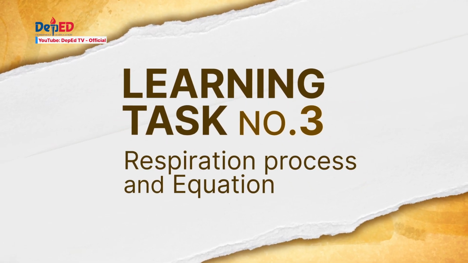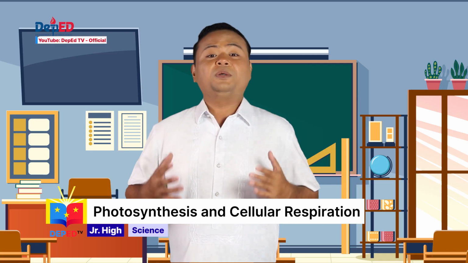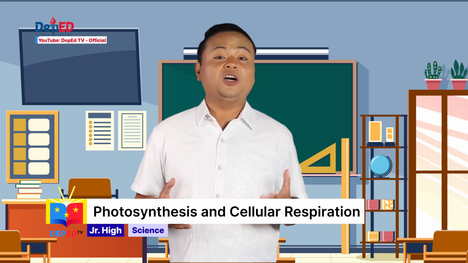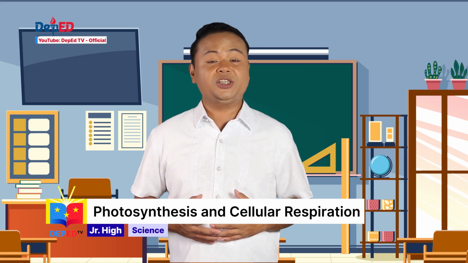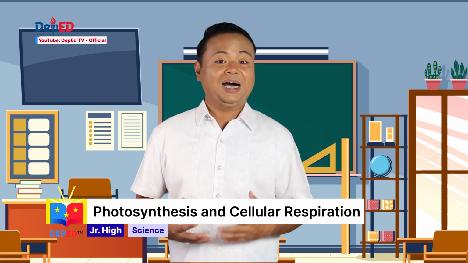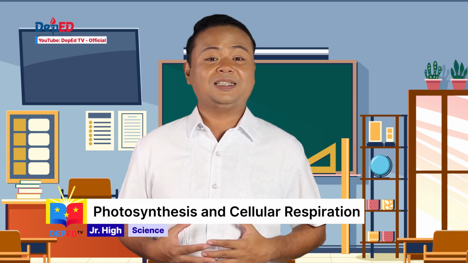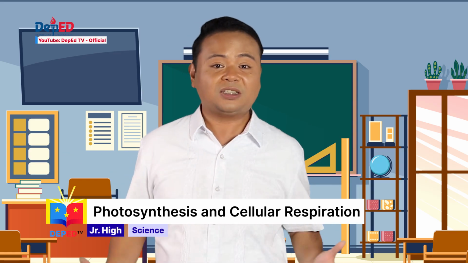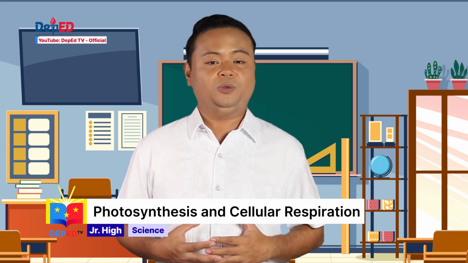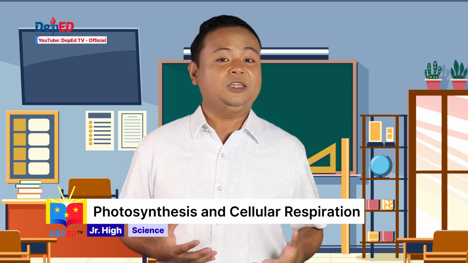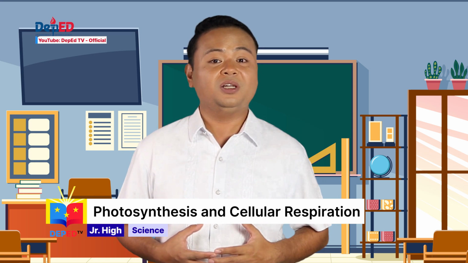Respiration process and equation. Respiration is the process of taking oxygen from the air and cycling it through the lungs, which then gives oxygen to the blood to be used in the body. The carbon dioxide waste is expelled out of the lungs. Cellular respiration uses glucose or sugars from the food molecules and turns them into carbon dioxide, water, and ATP, a nucleotide essential to the body.